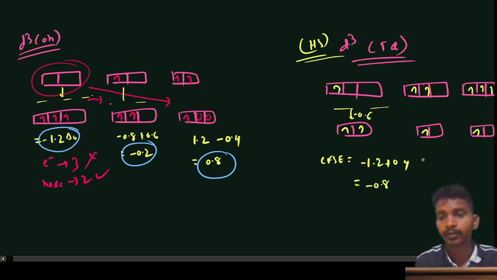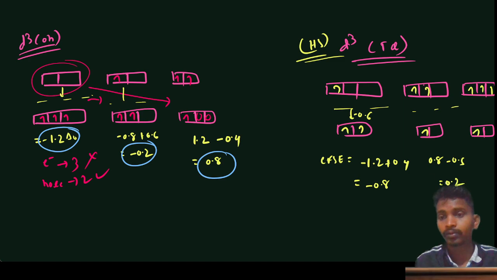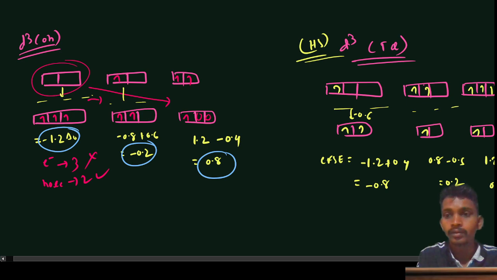And here the CFSE value will be multiplied by 4, that is 0.8, and minus 0.6, that is going to get 0.2. And here, 1.2 minus 0.6, that is going to get 0.6. So these are the CFSE values for it.